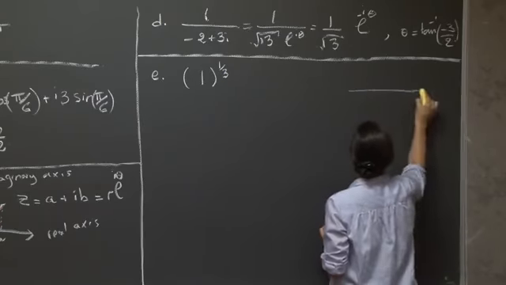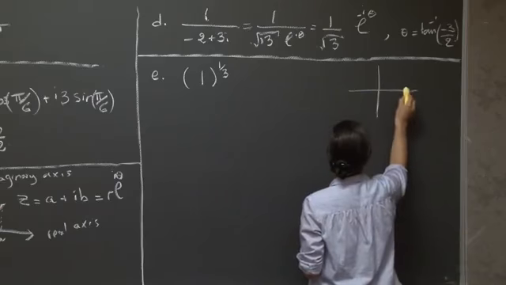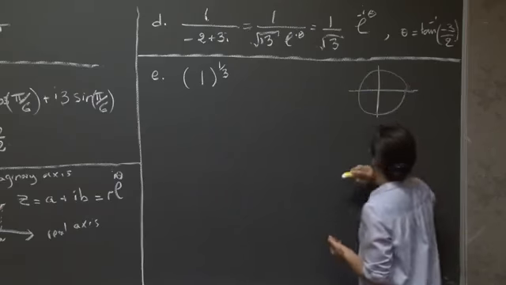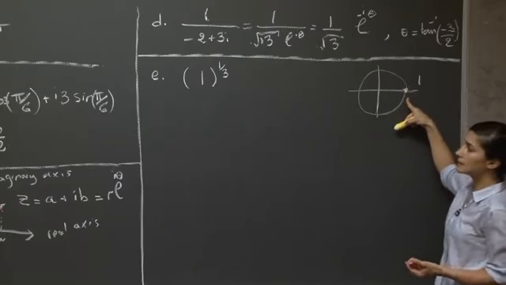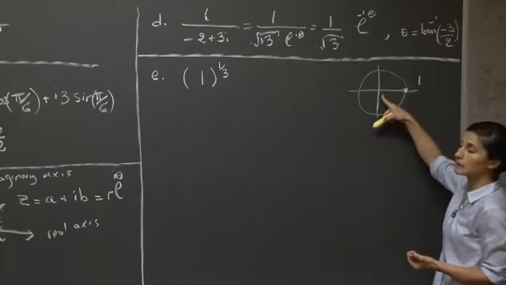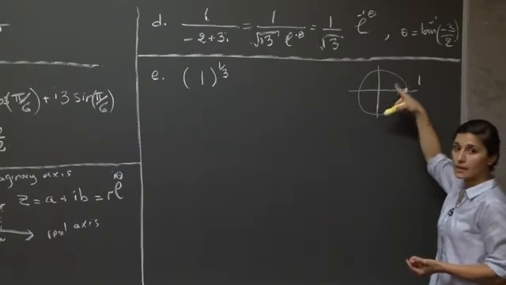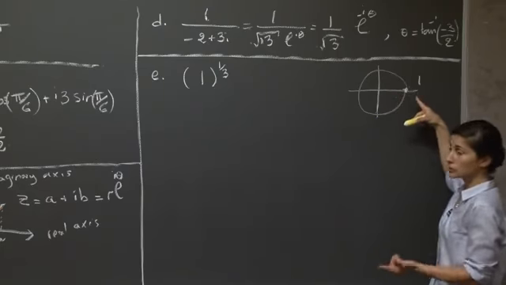And if we go to the complex plane, and I just introduce here the number 1, we see that in polar form, 1 is basically a complex number with modulus 1 and angle 0 modulo 2 pi.